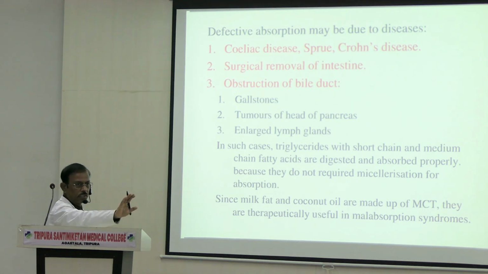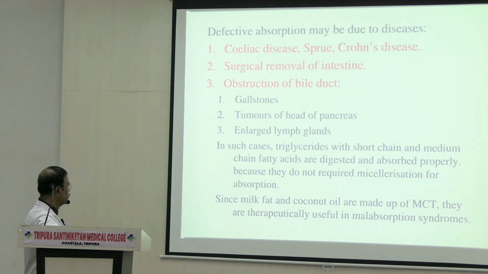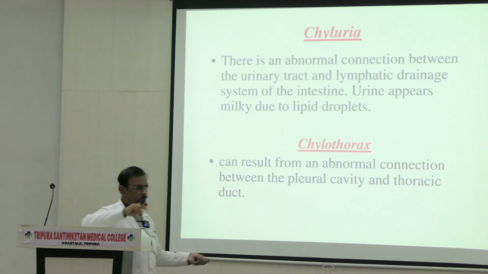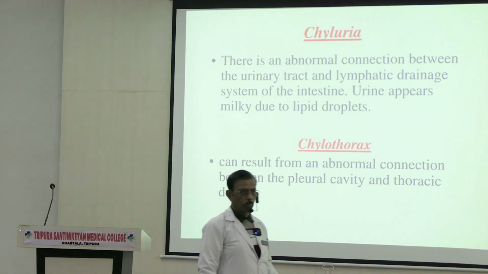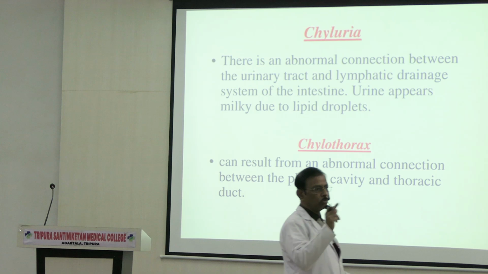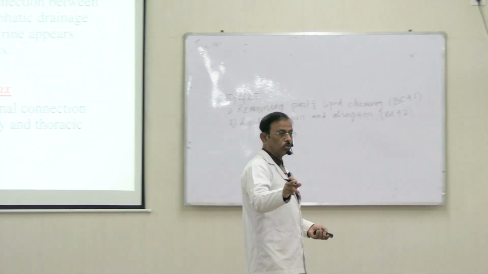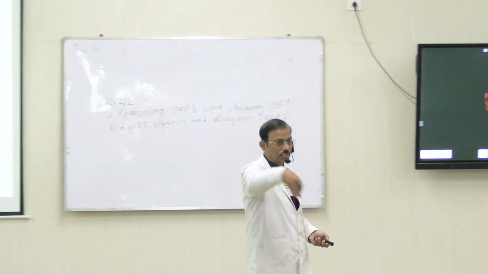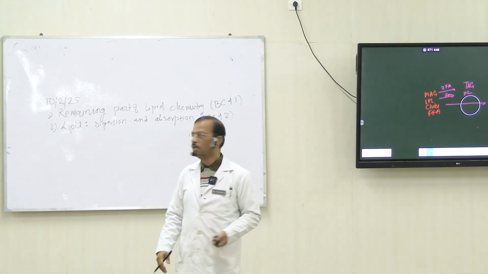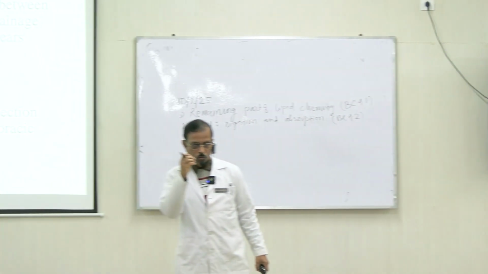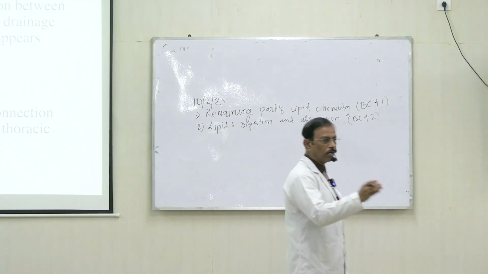An enlarged lymph node gives pressure, not allowing the fluid to come. So chyluria, these are not actually digestion problems. Chyluria means an abnormal connection between the thoracic duct and urinary bladder, so chyle passes with urine, milky urine.